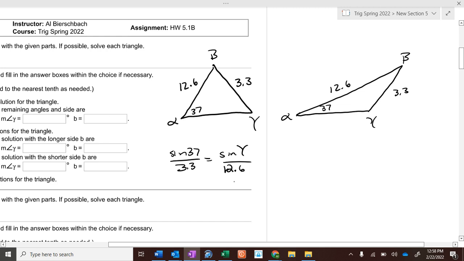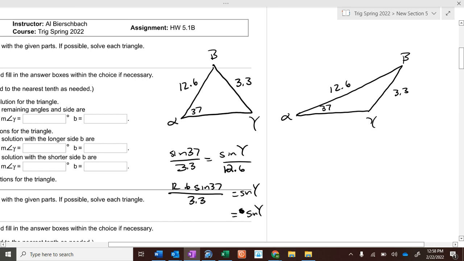Okay? So you take 12.6 times the sine of 37, press equals, divided by 3.3, press equals, and that's what the sine of gamma will be. Well, what's the sine of gamma?